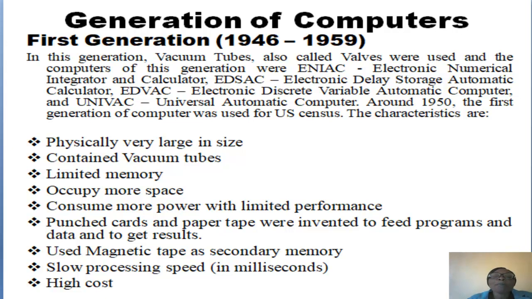They consume more power with limited performance. They use punch cards and paper tapes, and they make use of magnetic tape as their secondary memory. They have slow processing speed, their speed is in milliseconds, and they are very, very expensive.